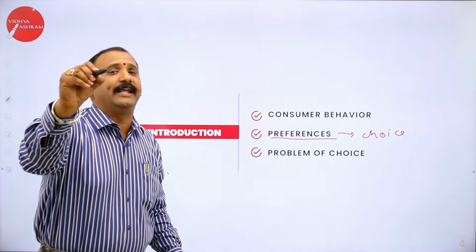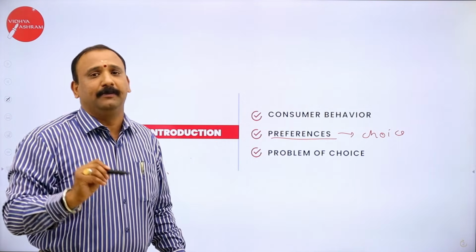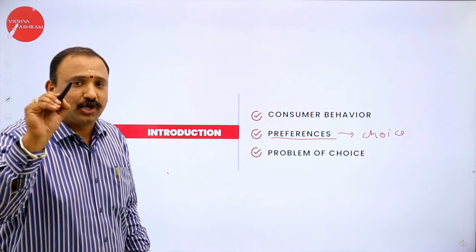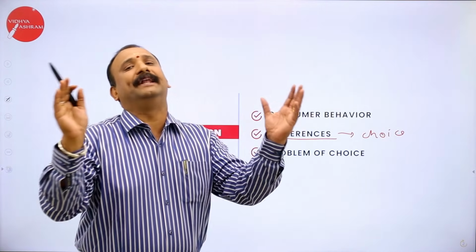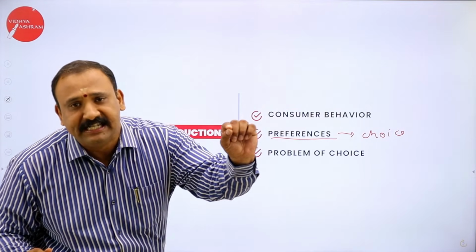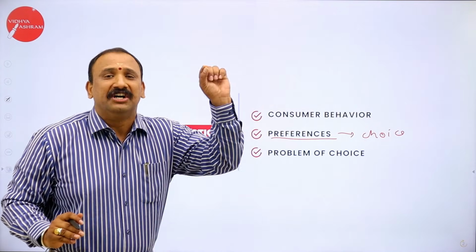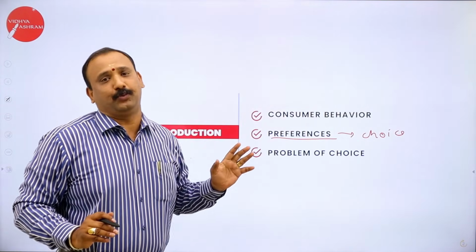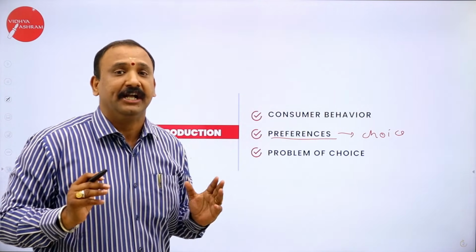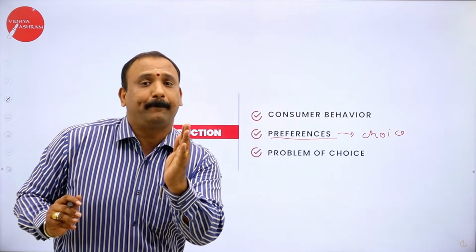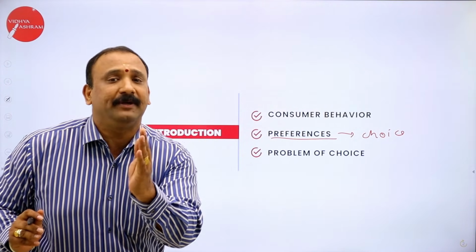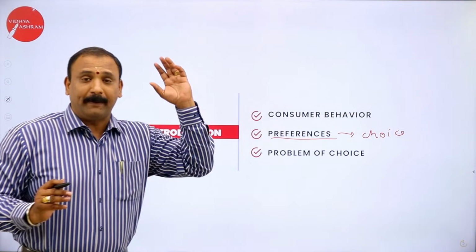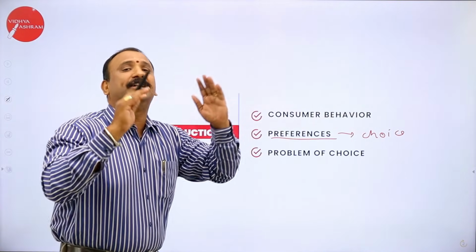But unfortunately, the biggest problem or the challenge is that the choice is not available in plenty. The choice is limited. The choice becomes restricted in many activities. So you need to understand the problem of choice is a very limited factor. So people tend to make a lot of choices.